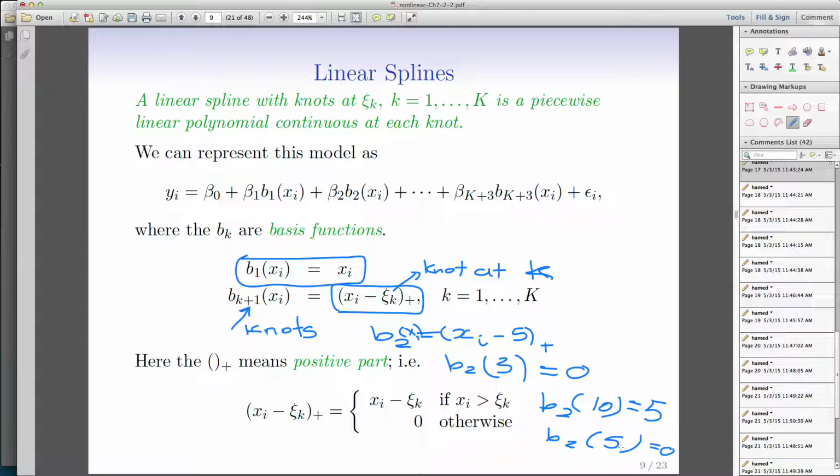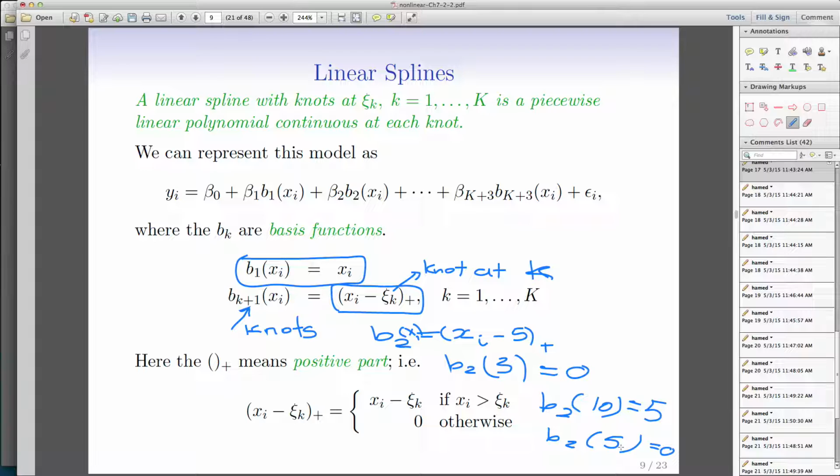So what we learn here is that these base functions before those knots are 0, and right after those knots are the difference of what you observe and that knot.